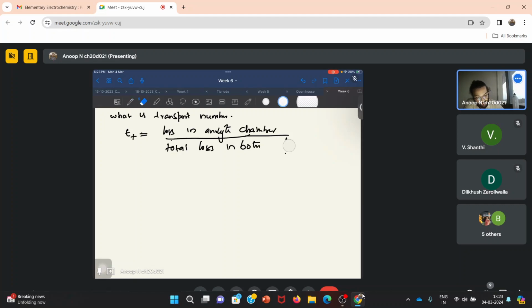Here we have the catholyte chamber, since platinum is the cathode.